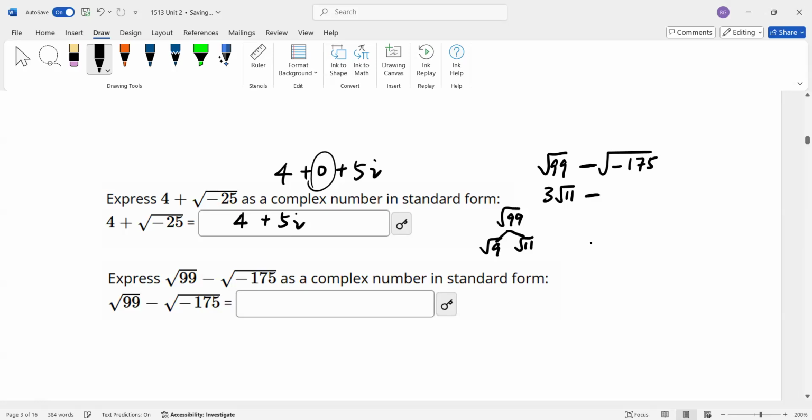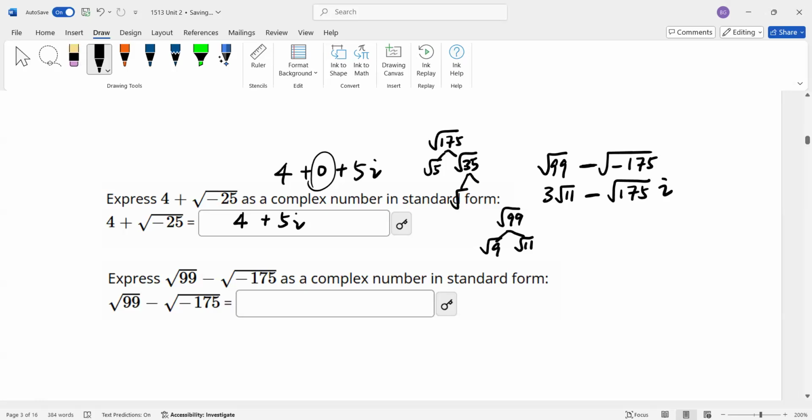And minus square root of negative is root 175 i. And now we need to simplify square root of 175. If the last digit of a number is 5, the number is definitely divisible by 5. Let's see what 175 divided by 5 is. It's 35, right? So we can write this as root 5 times root 35. Root 5 is already simplified, but root 35 can keep going.